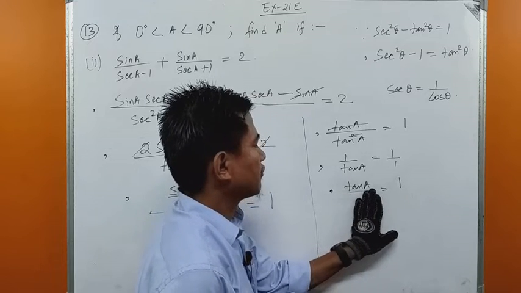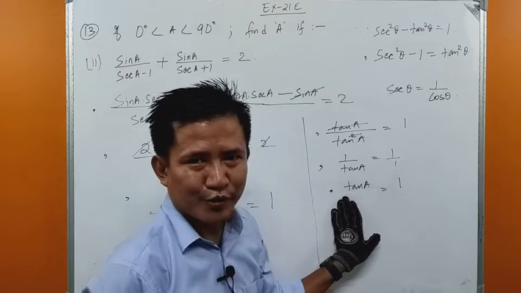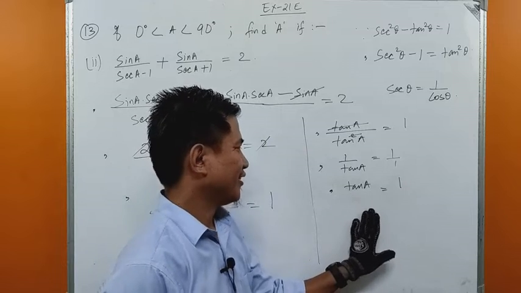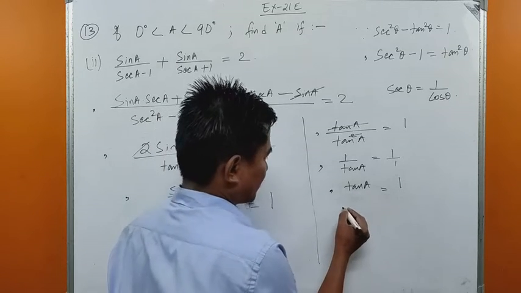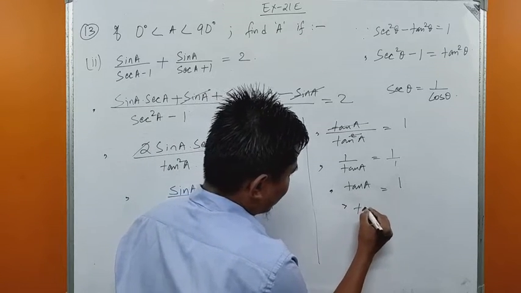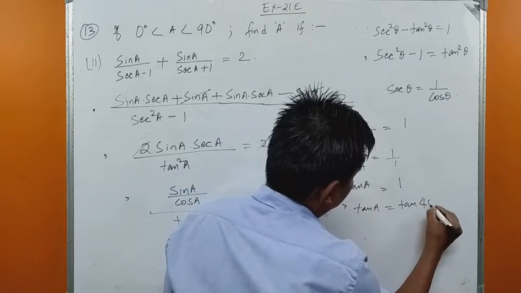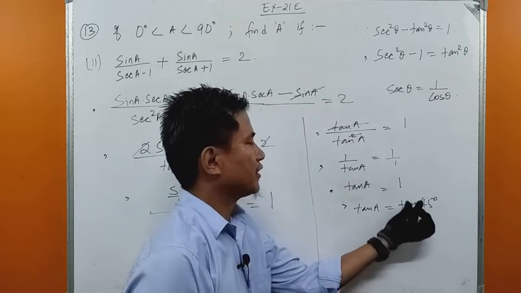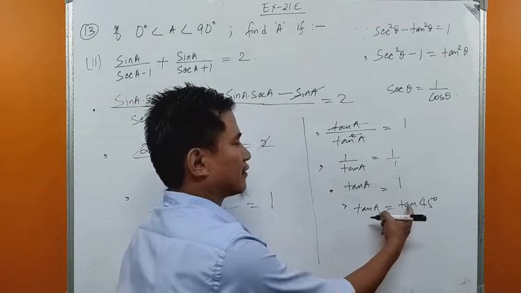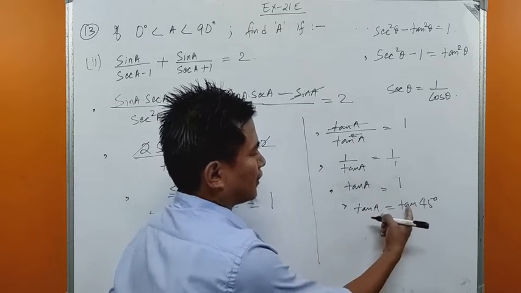We don't have to write 1 in the denominator because every number has 1 in the denominator always. So tan A equals to 1, which means tan A equals tan 45 degree, because the value of tan 45 degree is 1. So we cannot cancel tan because these are identities.